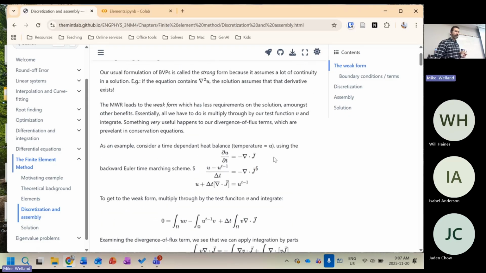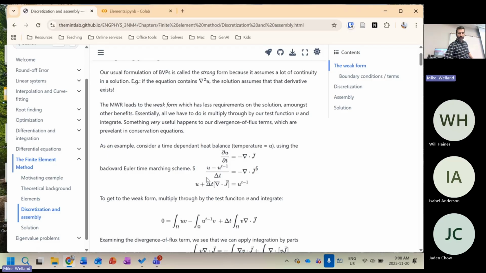Okay. So if we're going to solve this in numeric methods, what we have to do generally is take the time derivative, and we're going to do forward, backward Euler or something like that. So let's just keep it simple. Let's just say our current solution minus the previous one divided by our time step.